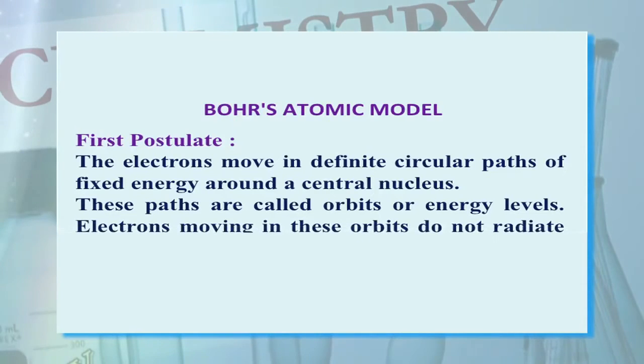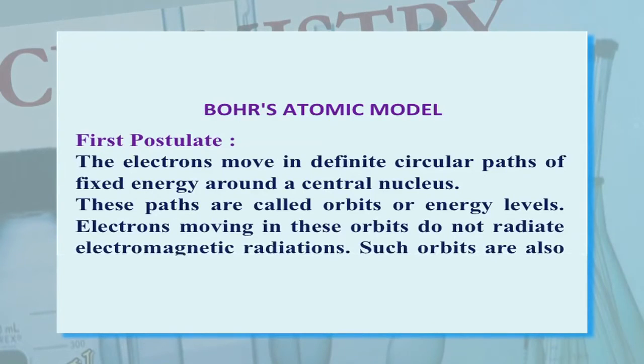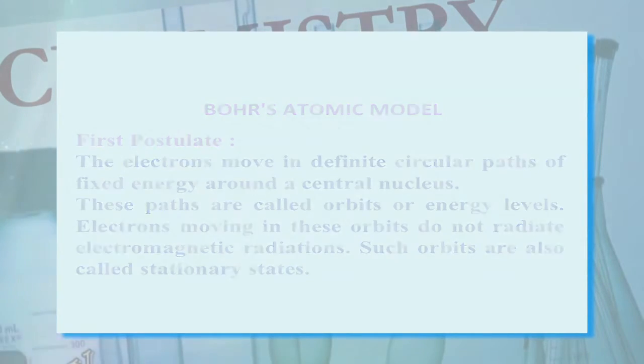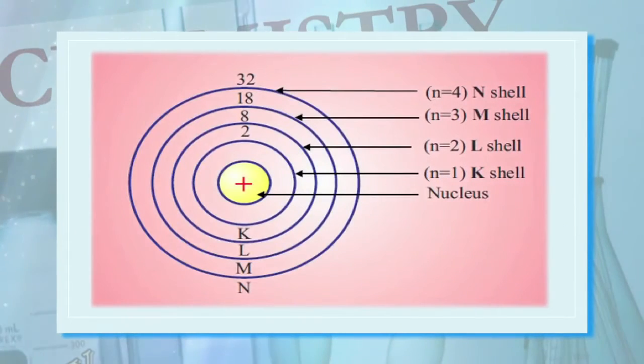Electrons moving in these orbits do not radiate electromagnetic radiation. Such orbits are also called stationary states. Here the different stationary states are indicated and their different shells or orbits are represented by the symbols K, L, M, N.